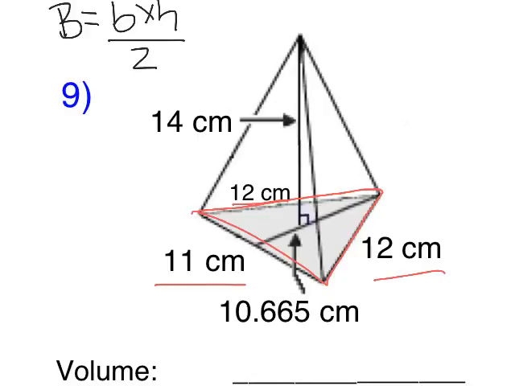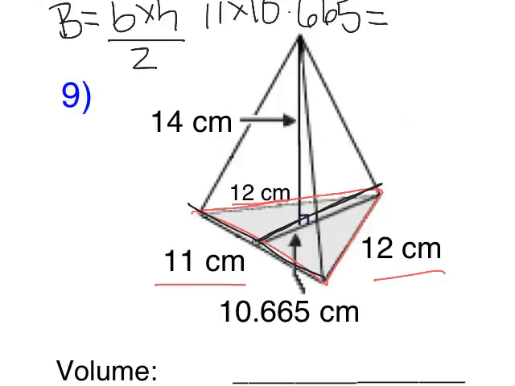So we have our base right here of 11. Then we have our height right here of 10.665 times 10.665. And that's going to come out to be 117.32.